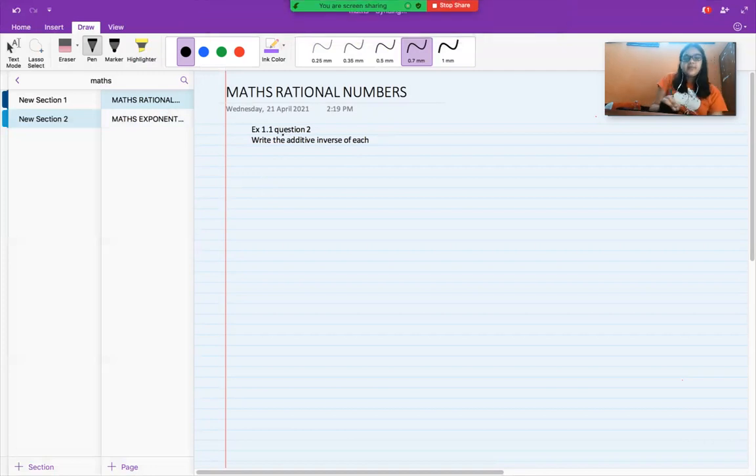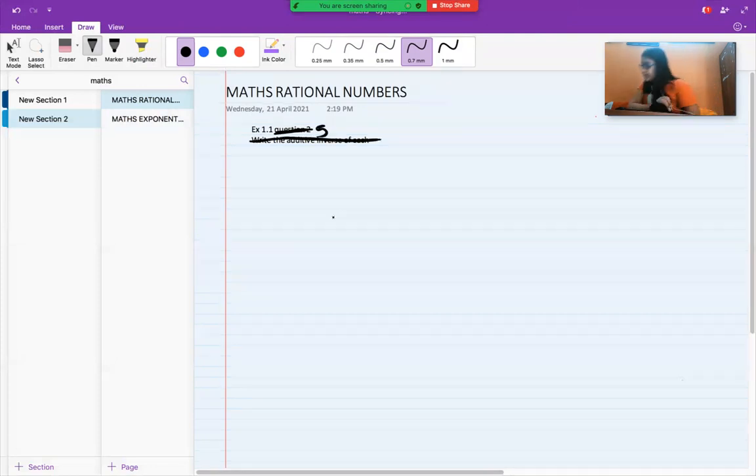Yeah. So we are going to question number 5, as we have done the 4. The question says: name the property under multiplication used in each of the following.